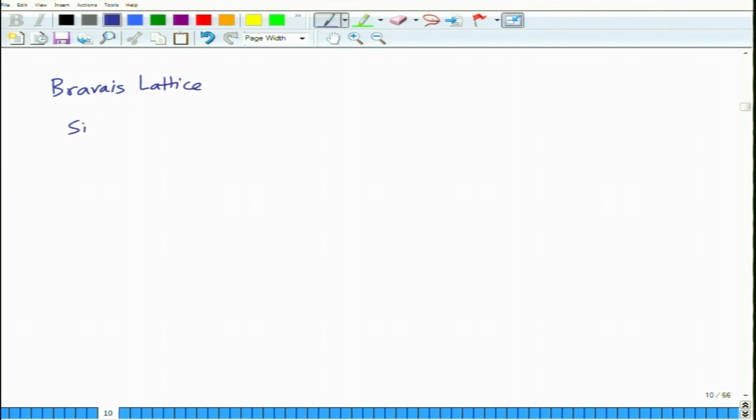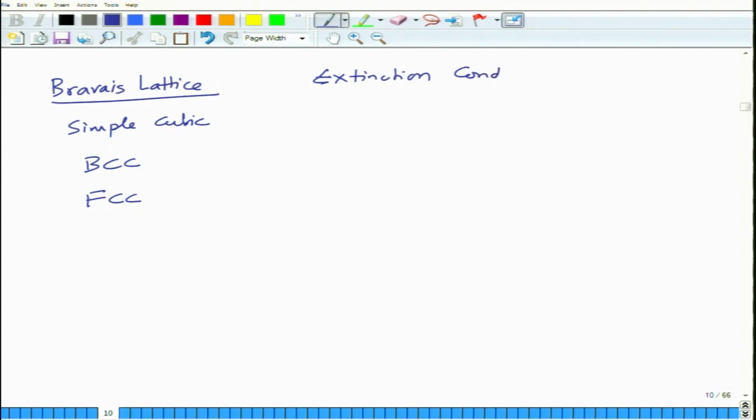if you have simple cubic, if you have BCC and you have FCC, okay. There are other lattices for which you can do it yourself. So, reflections which are extinction conditions: you can write here, for simple cubic, all HKL present, okay. Basically all peaks diffract.